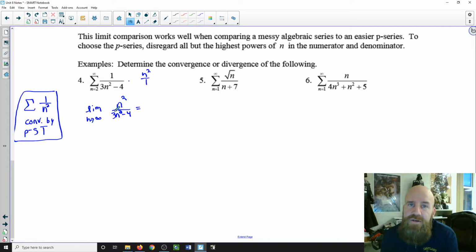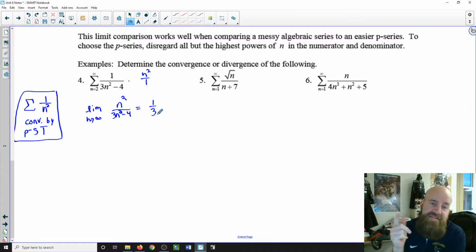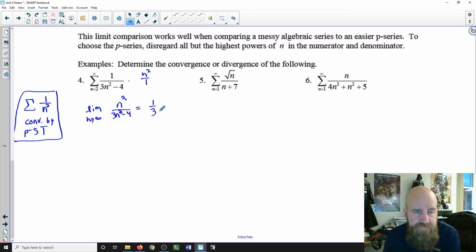If the powers match, we can take the leading coefficients, and we get a 1/3, which is a finite and a positive value. So we can say that both of these would converge because this one converges, and we have this value.